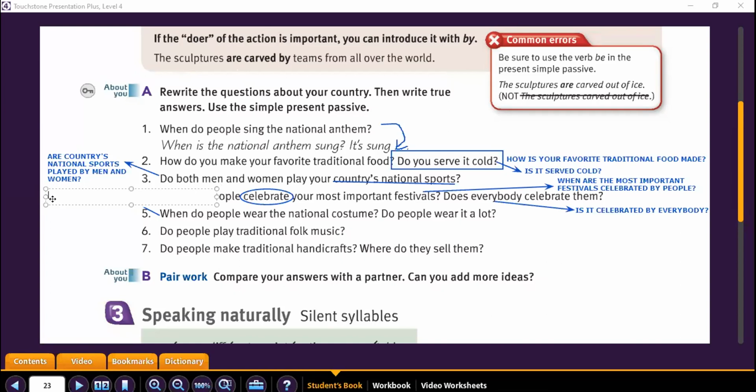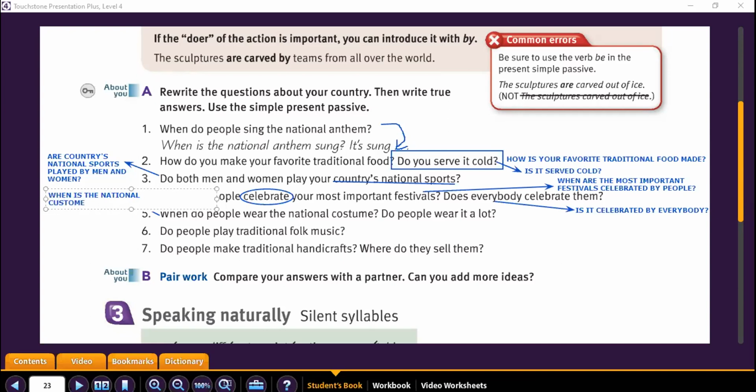Siempre que ustedes vean question words, en la voz activa y tengan que transformar a voz pasiva, y encuentren question words como which, when, how, what, esas van a ir primero, ¿no? ¿Cómo nos quedaría en este caso en la número 5? When. When is the national costume.